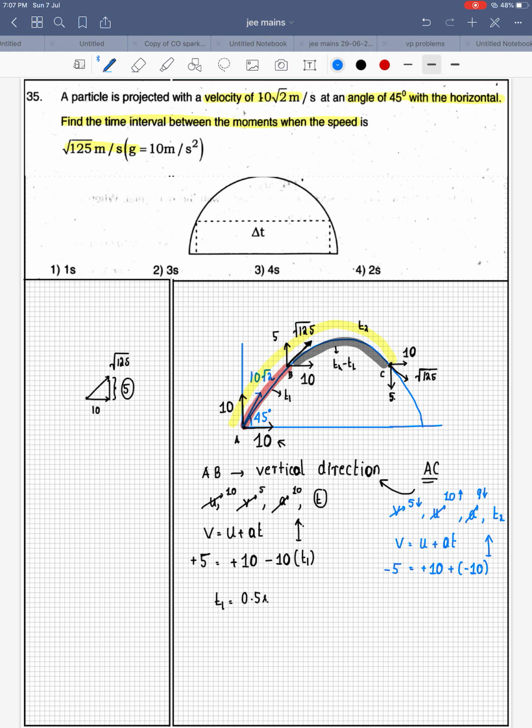So you get t2 equals 1.5 second. So the time interval where the speed is √125 is t2 minus t1, which equals 1 second. So the answer is 1 second.